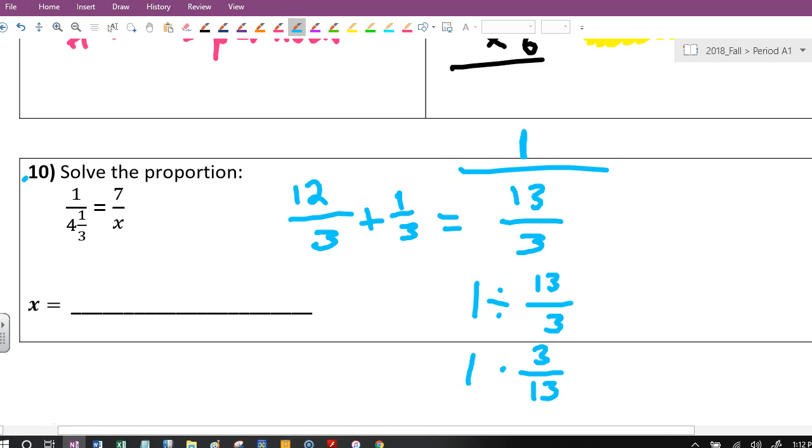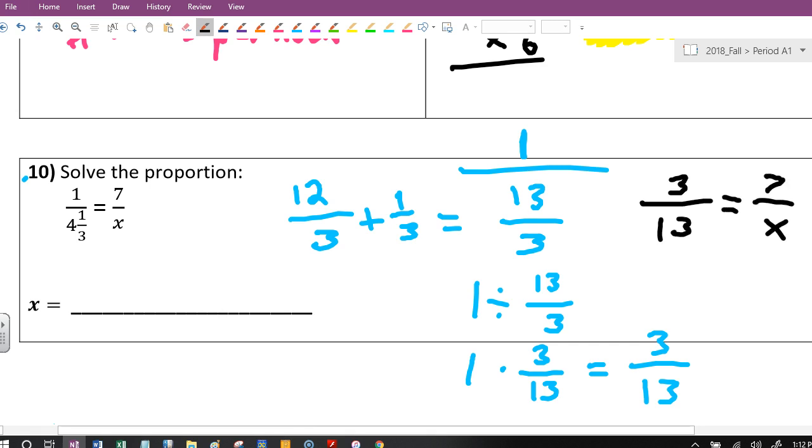So, what is the answer to that? Well, 1 times anything is itself. So, we actually could change this whole thing over here to 3 over 13. And then we don't have a fraction and a fraction, right? So, 3 over 13 equals 7 over x. Now, unfortunately, we don't have anything we can multiply to make from 3 to 7.